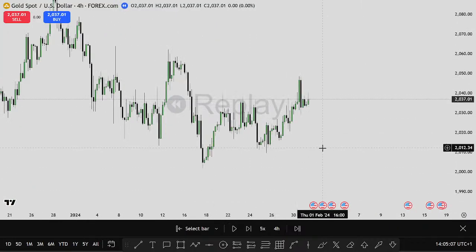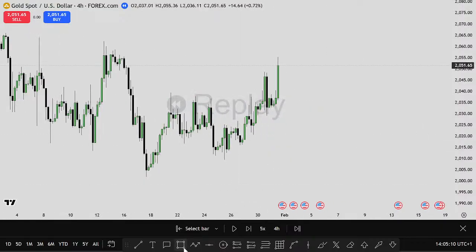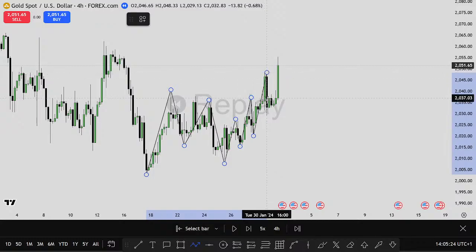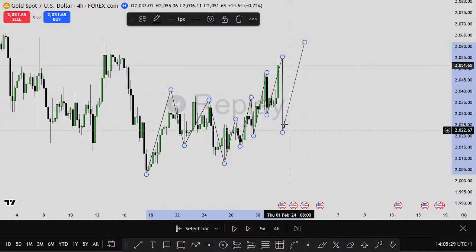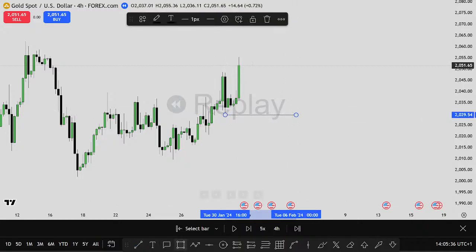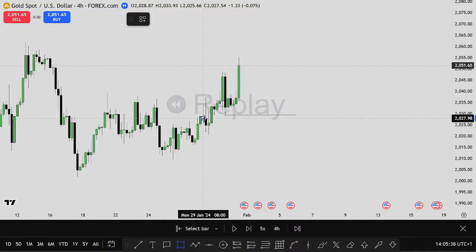There's a shift of structure here. When it did like this, it broke down here, but then it broke up here. So this is where a shift of structure occurred, then confirmed the shift of structure with this. So this will be liquidity. Maybe we'll check if price is going to do something like this, because there is an unmitigated POI here.